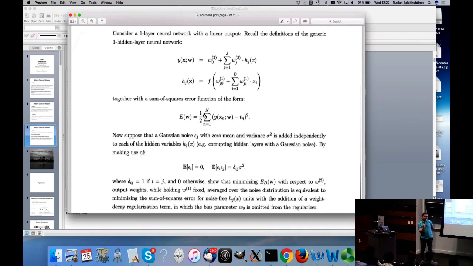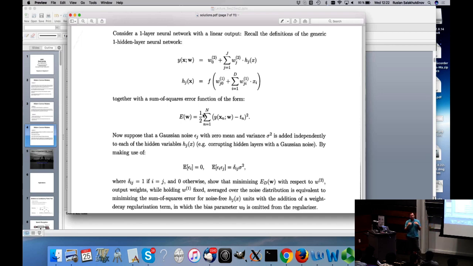If you do it to a sigmoid output, that's not going to work, right? Because if you add Gaussian noise, passing the Gaussian noise to this nonlinearity doesn't mean that you get Gaussian noise out. You get something other than that. So then the proof breaks down. You can't really do that.